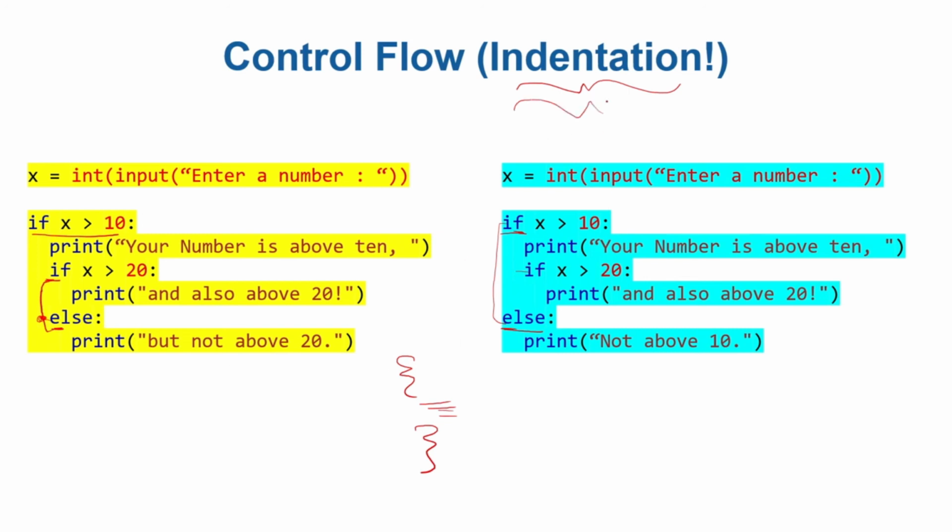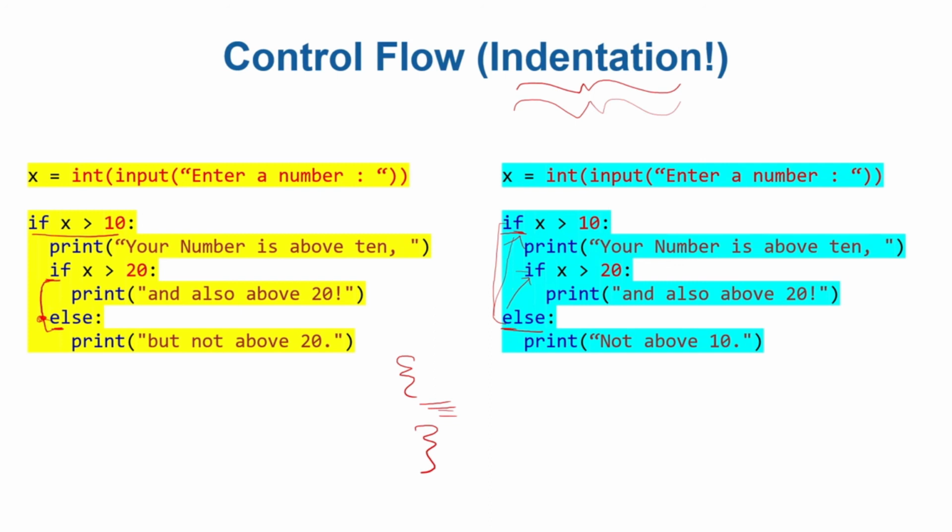So focus on indentation. That is really, really important. Although I've already told you about indentation, I made a slide over this else part because that's important. Sometimes you may get confused whether this else belongs to this if or that if. Well, the indentation defines what this else belongs to.